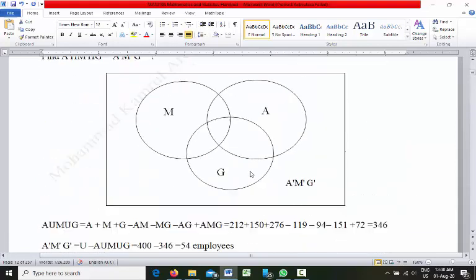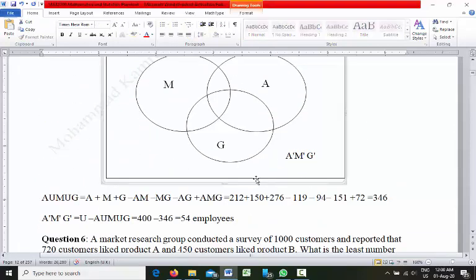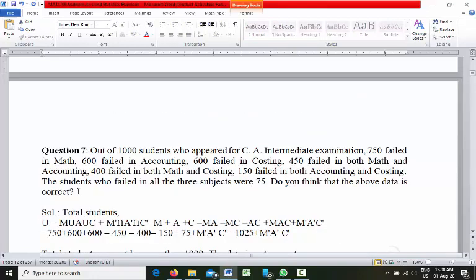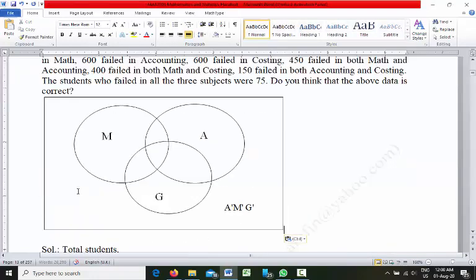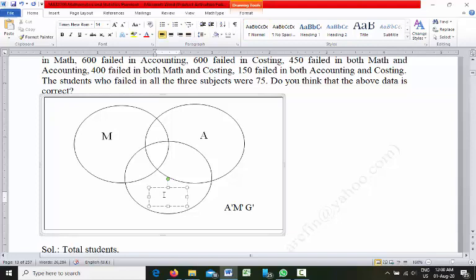So if you bring this here, as you can see, M means math, A means accounting, and suppose this one is C, the subject costing. This outside portion will be M prime, A prime, C prime.